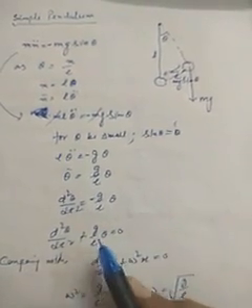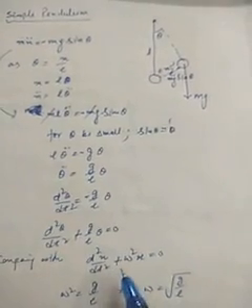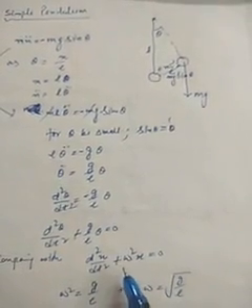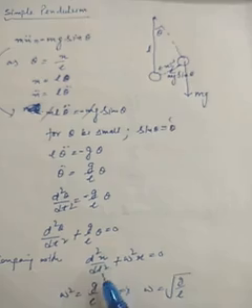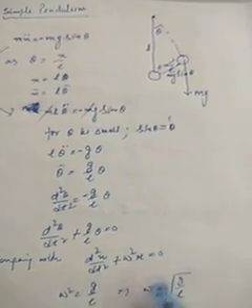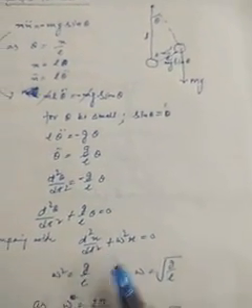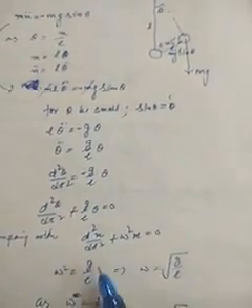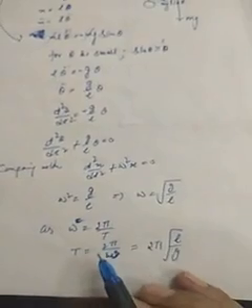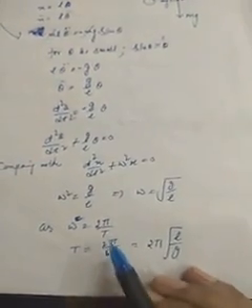You can compare it with the equation of motion of a harmonic oscillator, d square x by dt square plus omega square x equals 0. From here omega square equals g upon l, or omega equals square root of g upon l. We also know that omega equals 2 pi by T, so T equals 2 pi by omega. Substitute for omega, and this gives the time period of your simple pendulum.